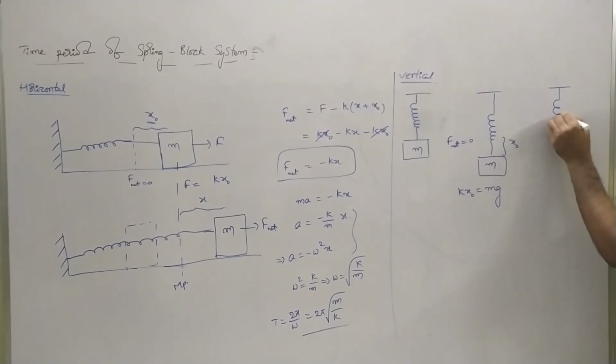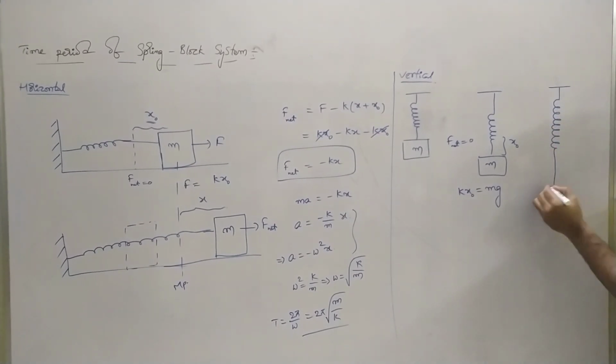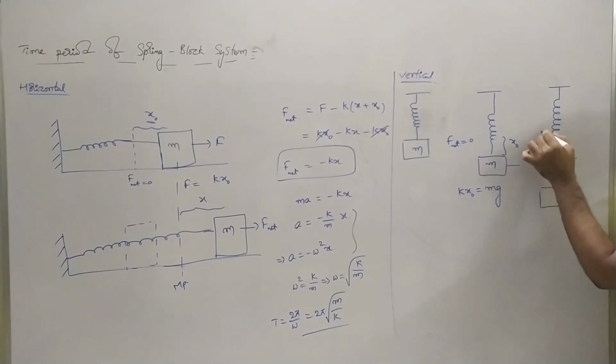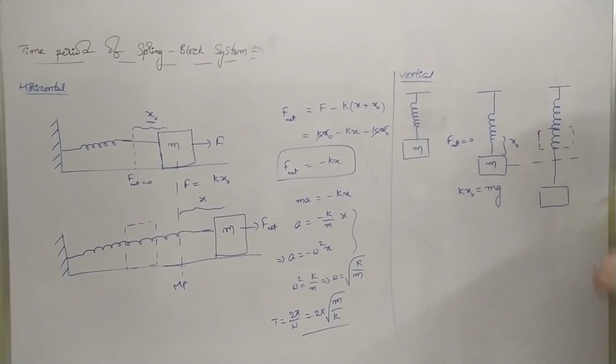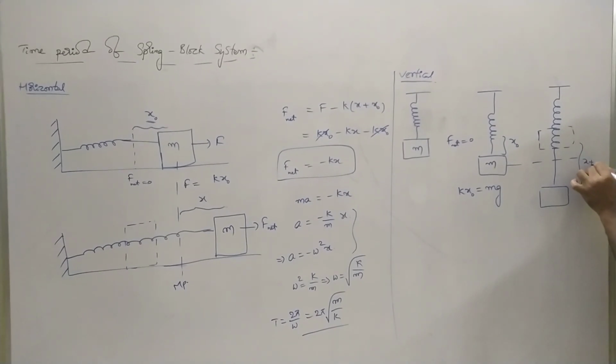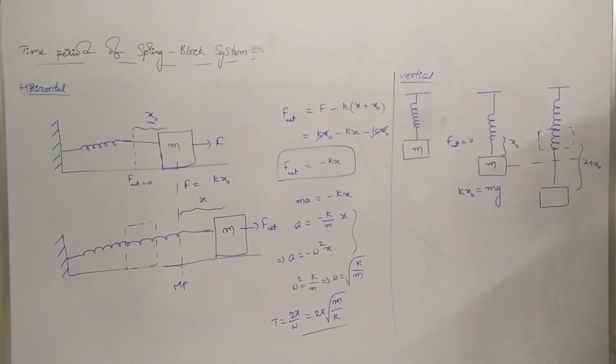Now we are going to apply a force on this spring so that it starts oscillating about its mean position. Now the additional displacement is represented as x plus x naught.